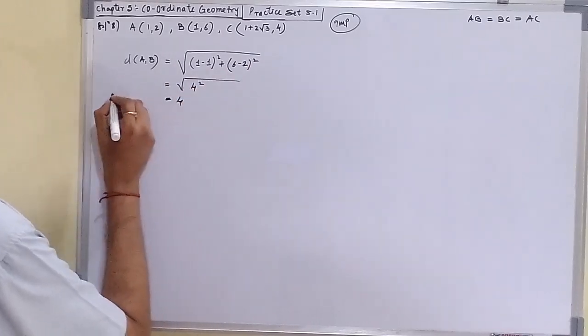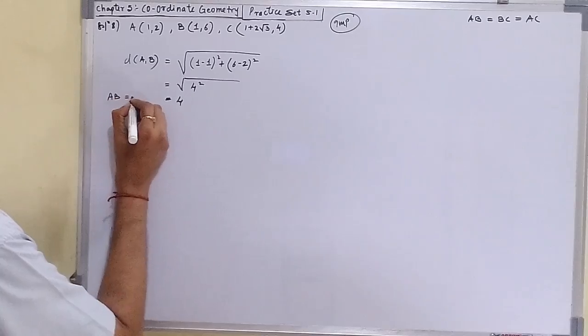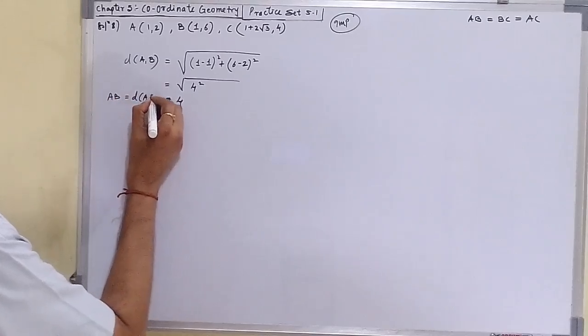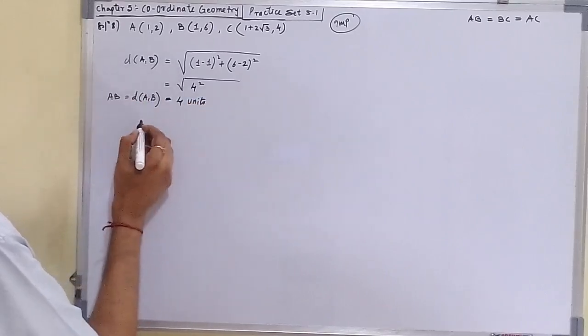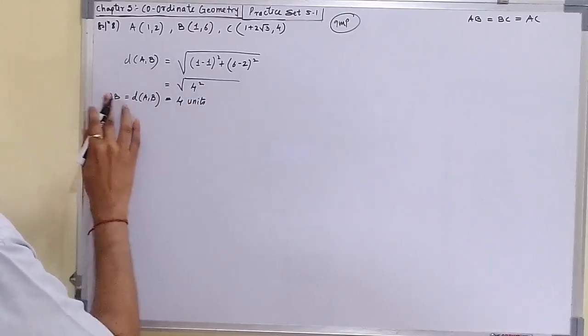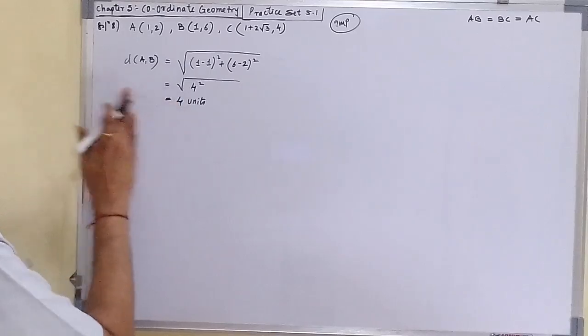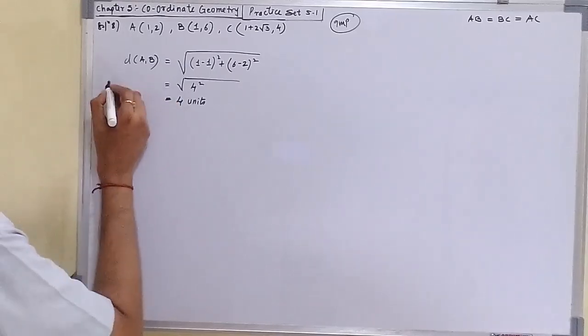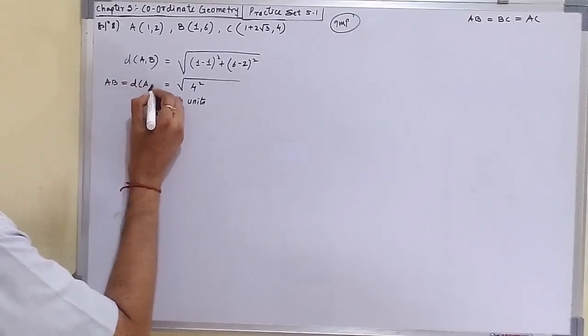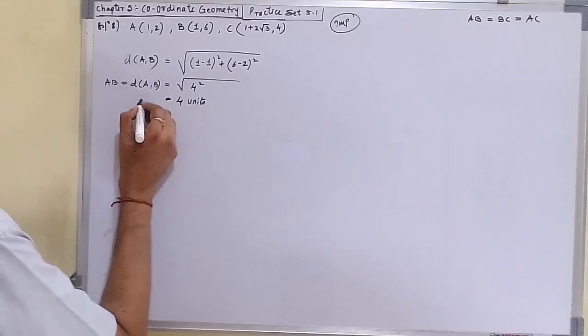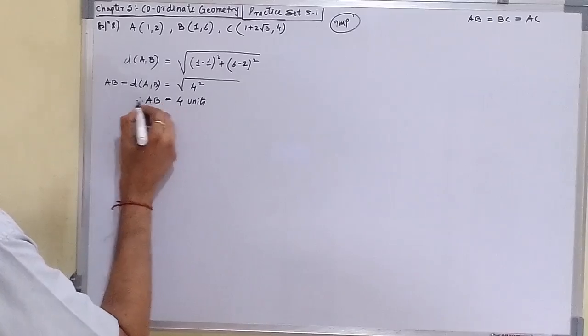So the distance AB is 4 units. Therefore AB is equal.